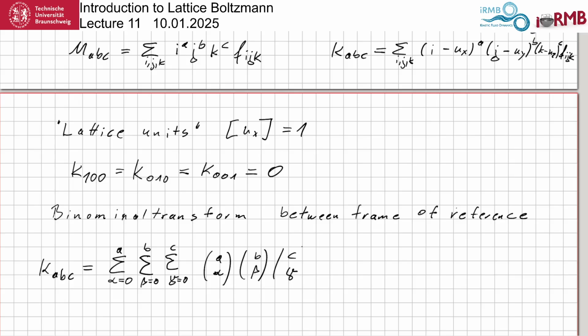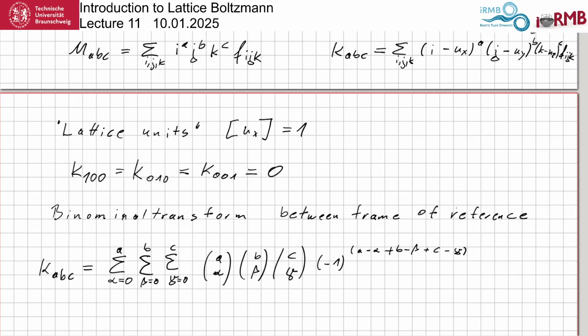I'll write the definition in a second. Times minus 1 to the power of (a minus alpha) plus (b minus beta) plus (c minus gamma).